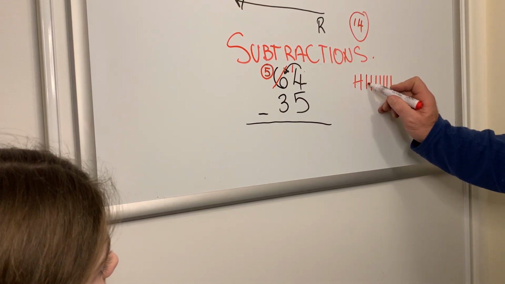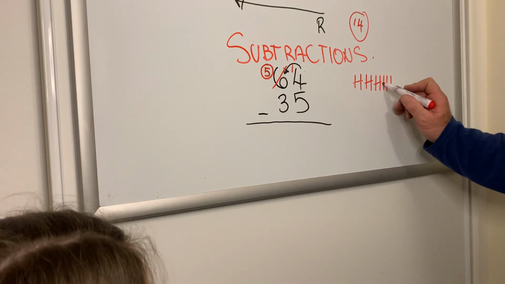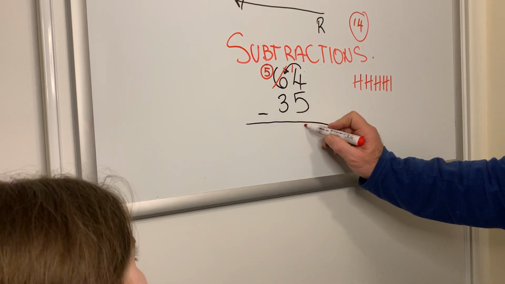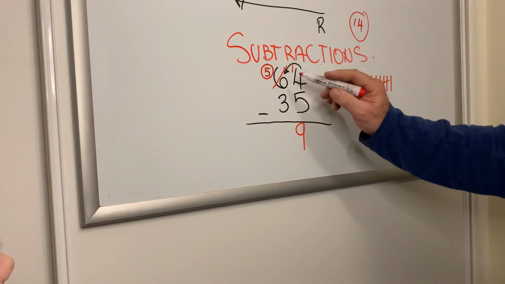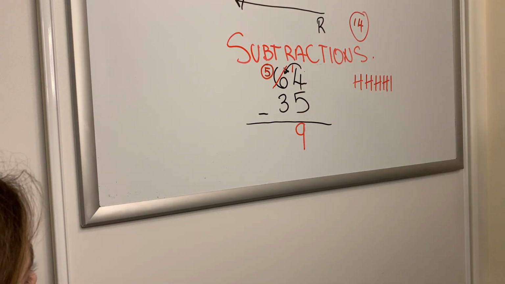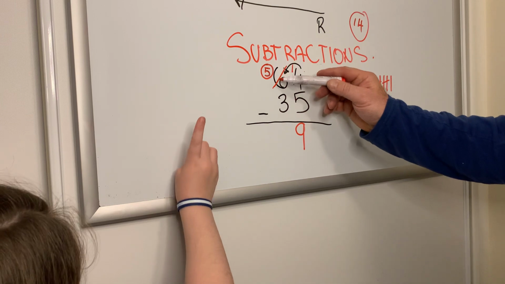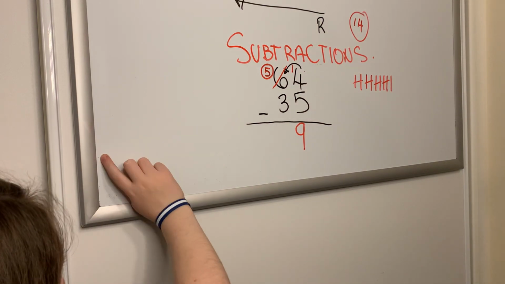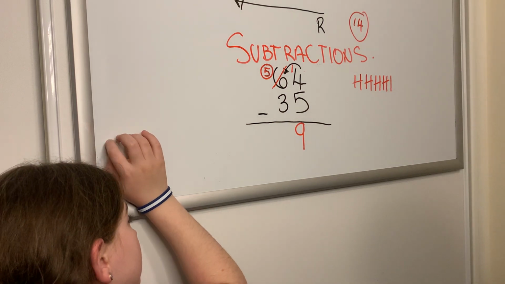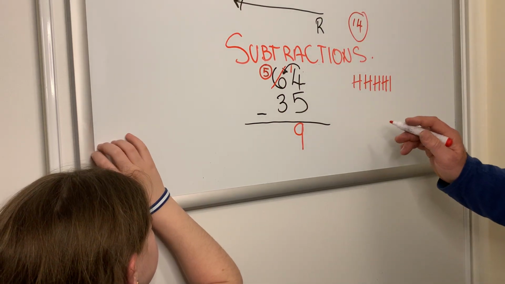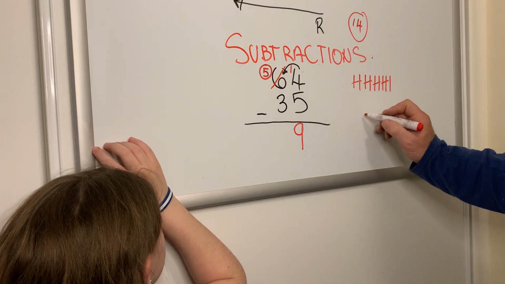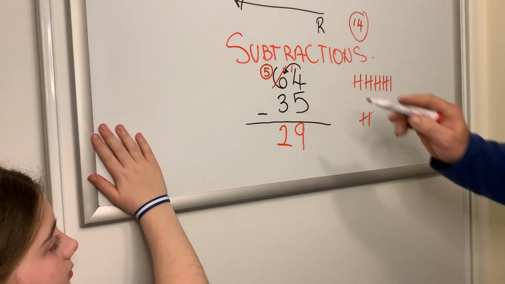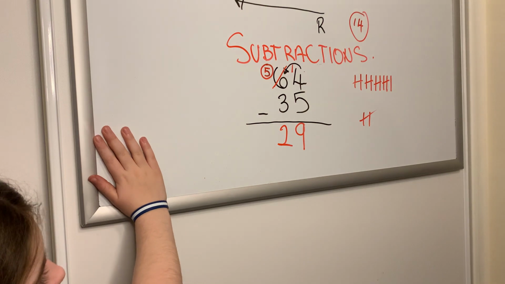So that's 9. So 14 take away 5 is 9. And the next column, Logan? 5 take away 3. What's 5 take away 3? 2. So 3, 4, and 5. Simple. So 64 take away 35 is 29.